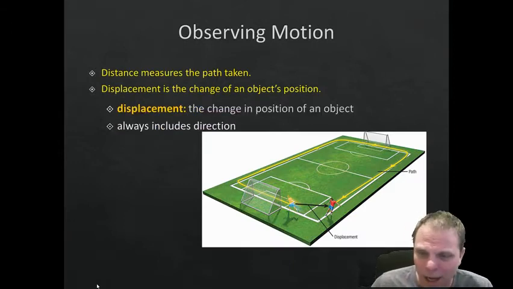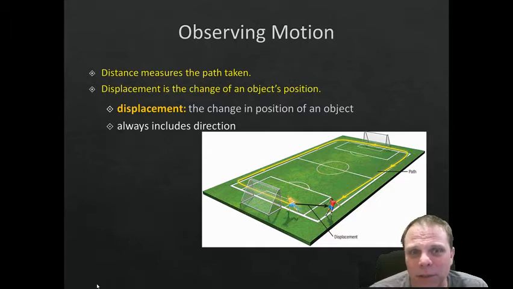Okay, so a couple other things here. Distance versus displacement. Now, if we look at this little soccer field and we see the guy runs around almost the entire soccer field, he has run a great distance. That is the path that is taken. He went all the way around the edges of that soccer field. But his displacement from time A to time B when he finished isn't nearly as far.